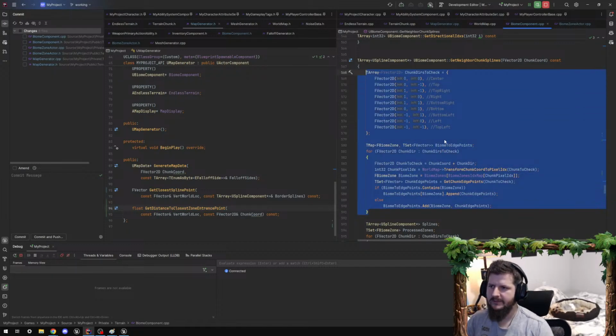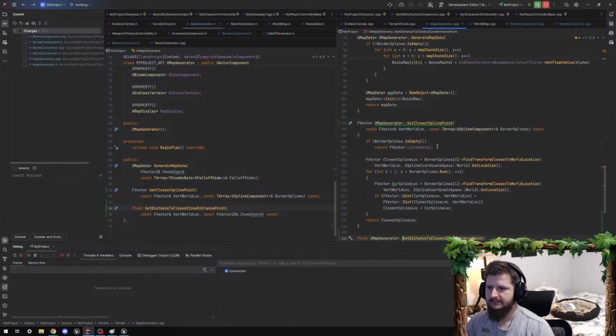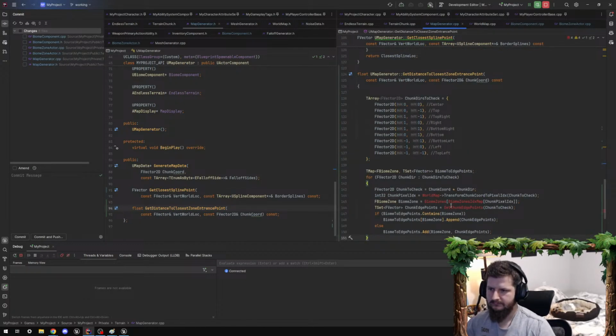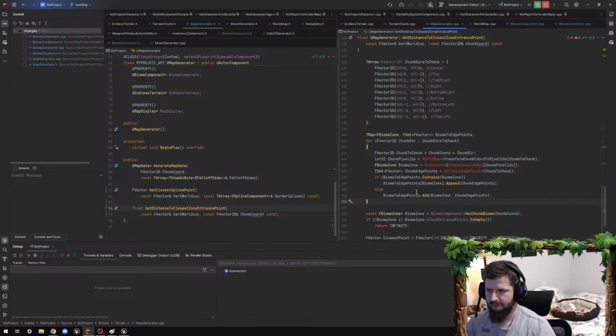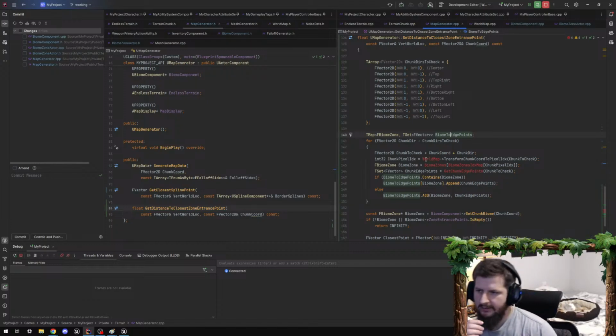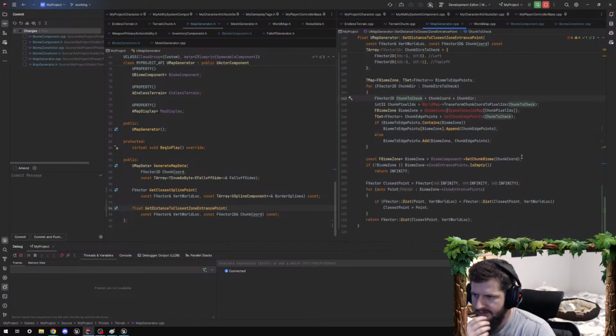Yeah, I need to do something like that. So I'm just going to iterate through each of the chunks to check, and then I just need to do one of these in here.